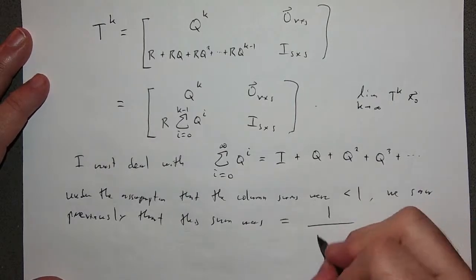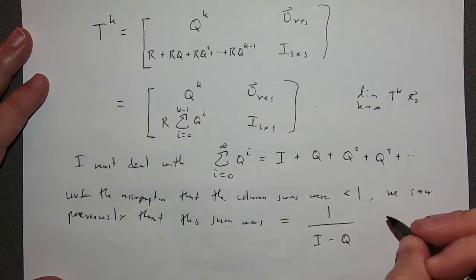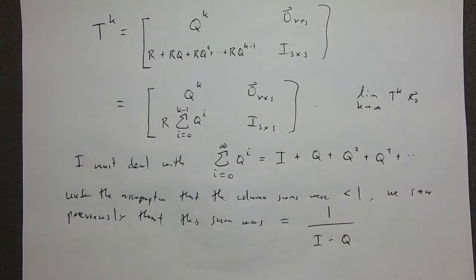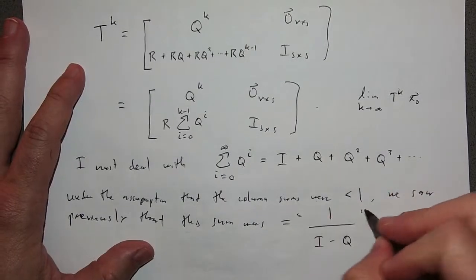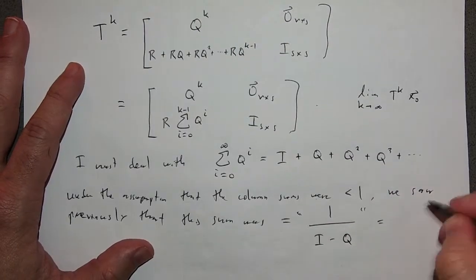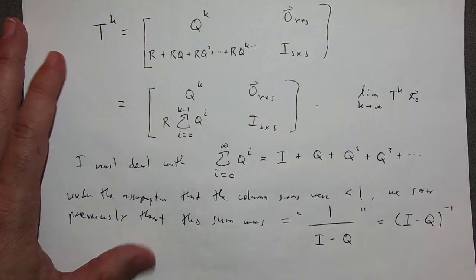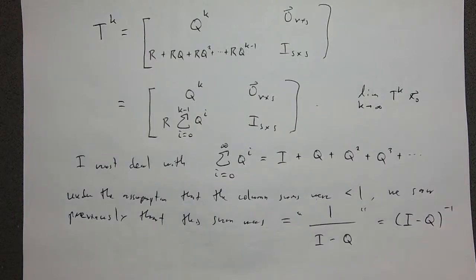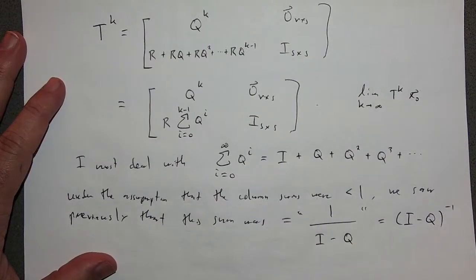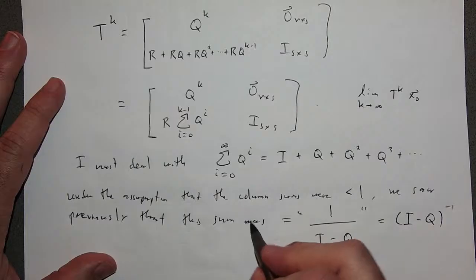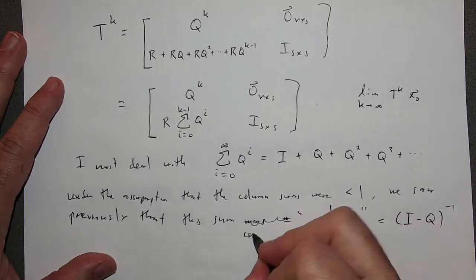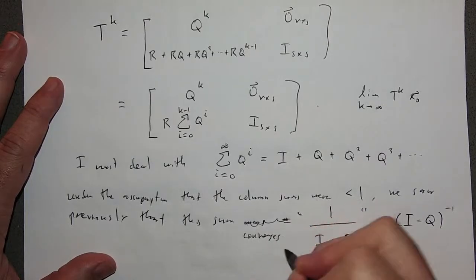So this would be 1 over I minus q in that way, right? This was our formal thing. But of course, what this actually is I minus q inverse, right? And when I say equal, maybe I should say converges to. We'll be precise here.